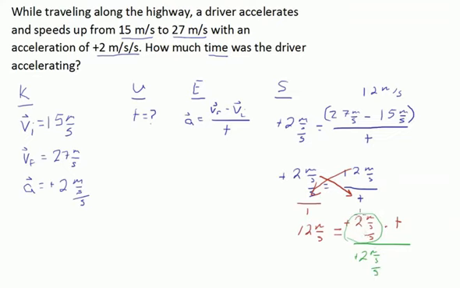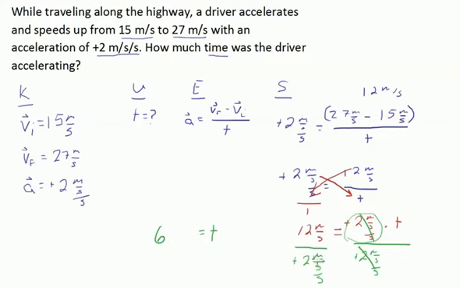And since we did it to this side, we have to do it to this side over here, 2 meters per second squared. And so let me come over here. So we've got our t equals 12 divided by 2, which is going to be 6.